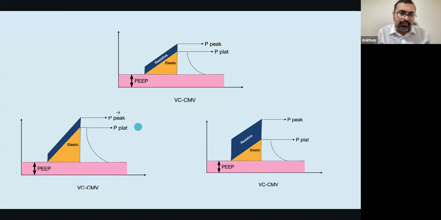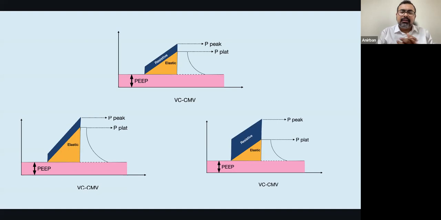Both of these increase if the chest wall or the respiratory system compliance has gone down. For example, ARDS, pneumonia, pulmonary edema, or any pleural collection like pneumothorax and massive pleural effusion, or you have a very rigid chest wall because of chest wall edema or obesity.